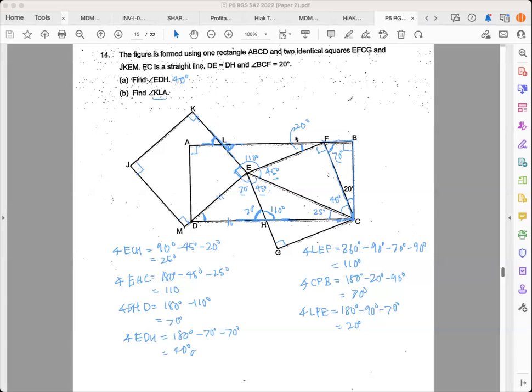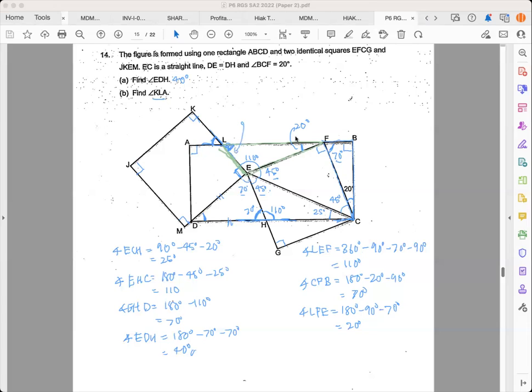Now that we have all the three angles inside this triangle, I can now find this angle.